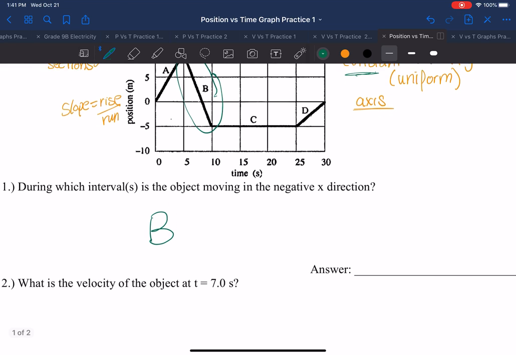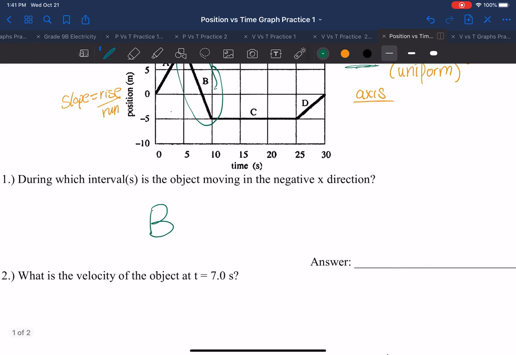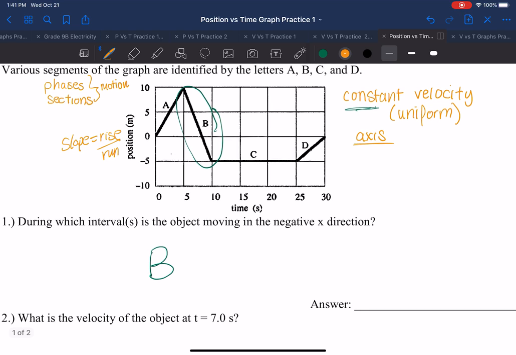Alrighty. Question 2, what is the velocity of the object at 7 seconds? Wow. Okay, let's look at the graph now. 7 seconds is approximately here, and it's in between 5 seconds and 10 seconds. So we're definitely going to use that for our initial and final times, because these are exact locations and we don't have to go ahead and guess the decimal places if we choose points here or here.